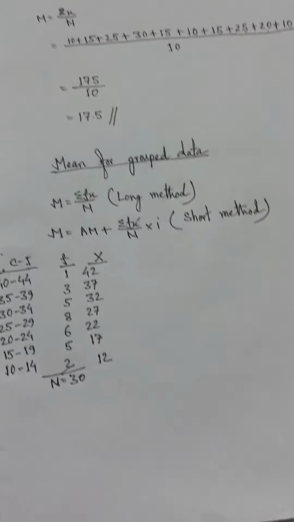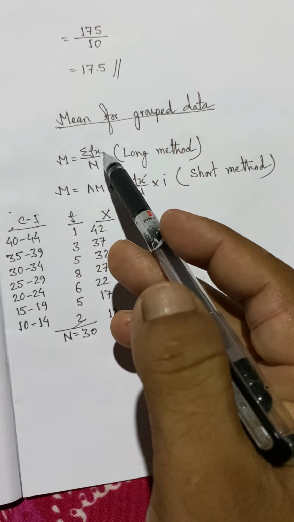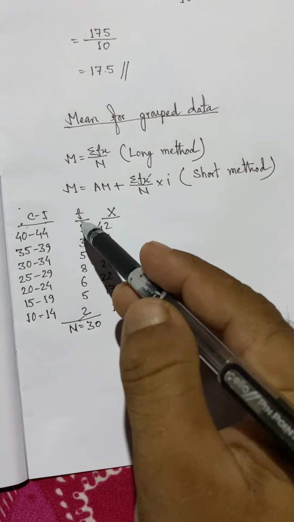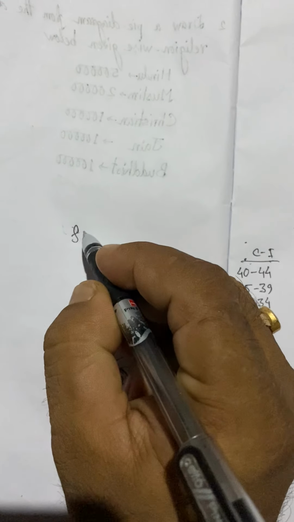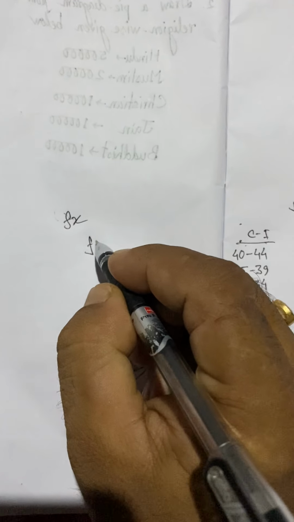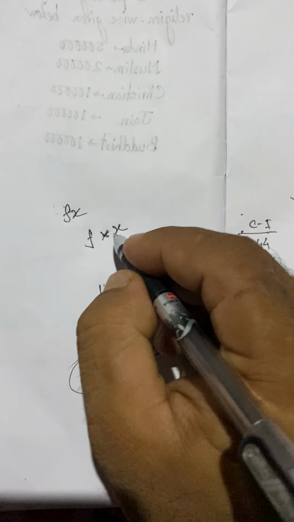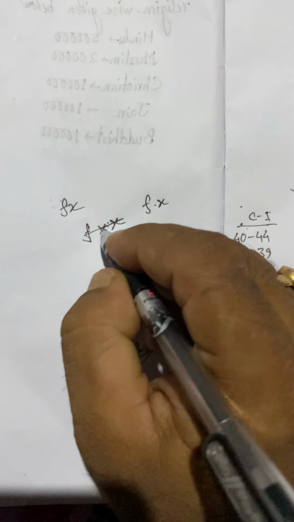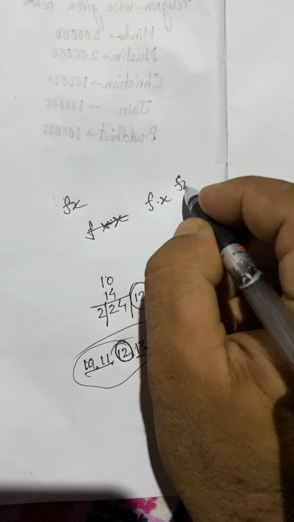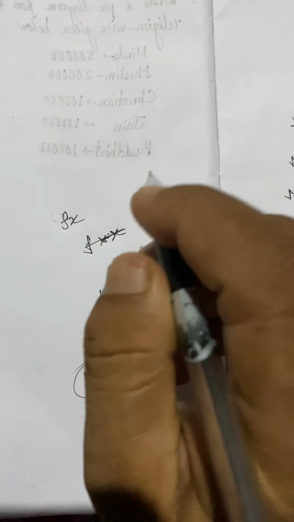So what is written in the formula? Mean equals sigma fx by n. We have f and we have x. fx means f into x. Instead of writing f into x, you can simply write fx. If you multiply f and x, you get fx.